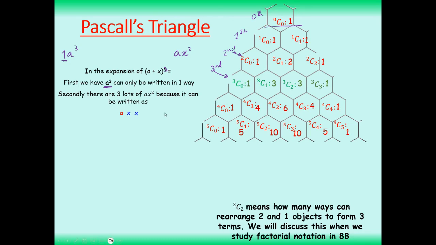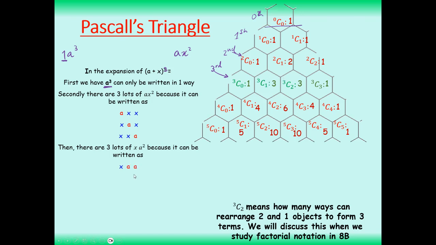So let's just look at, when you have expansion of that bracket, you could have a times x squared written like so. You could have a in the middle, and you could have a at the end. So there are three ways. That's why you can think of it as there are three ways of writing that. That's why the coefficient is 3 there.